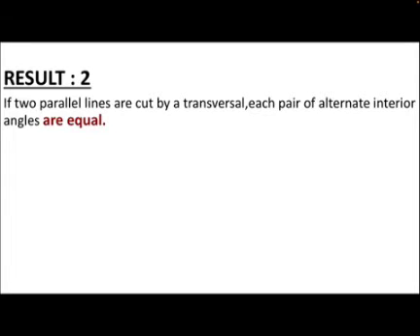Result 2. What did we discuss? We have 3 results. Now, I am talking about result 2. If two parallel lines, children remember, if two parallel lines are cut by a transversal, each pair of alternate angles are equal.